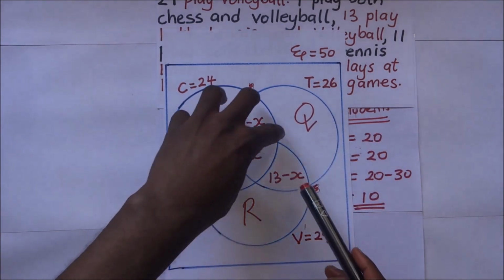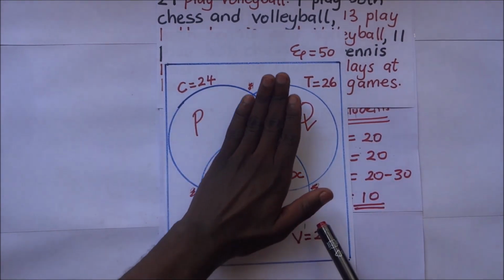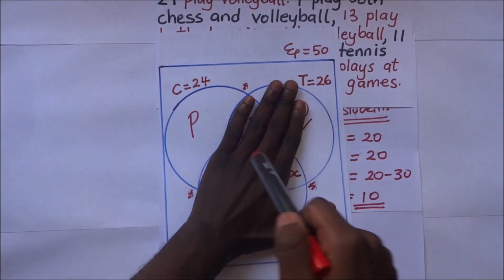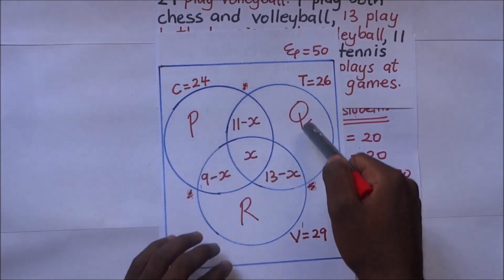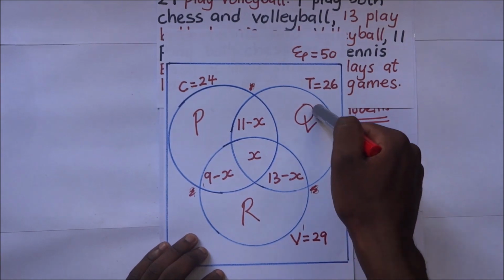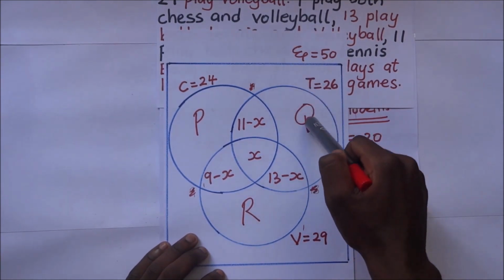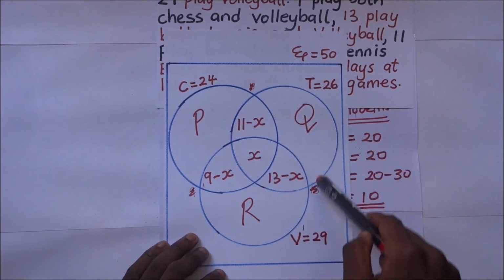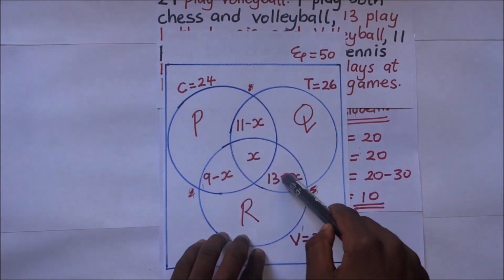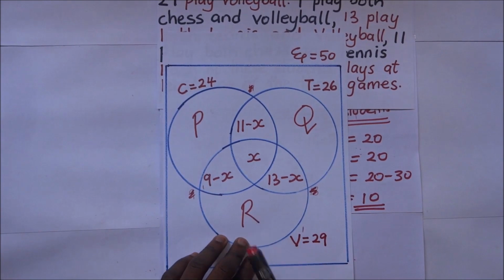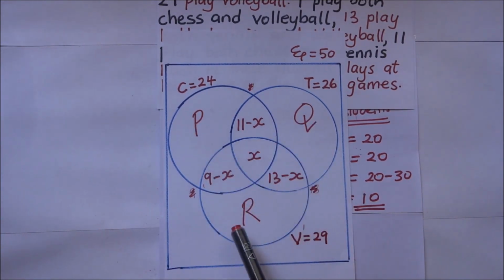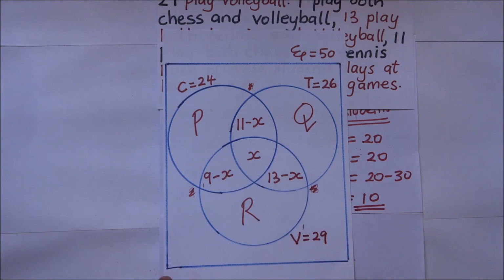We are supposed to get the total, which is 24, minus these people who are playing tennis and volleyball, so that we only remain with P. Likewise, for Q, the number of people who play tennis only, you're supposed to get the 26, the entire circle, minus those ones, to get Q. It's the same thing with R. So let's compute the equivalent of P, Q, and R.